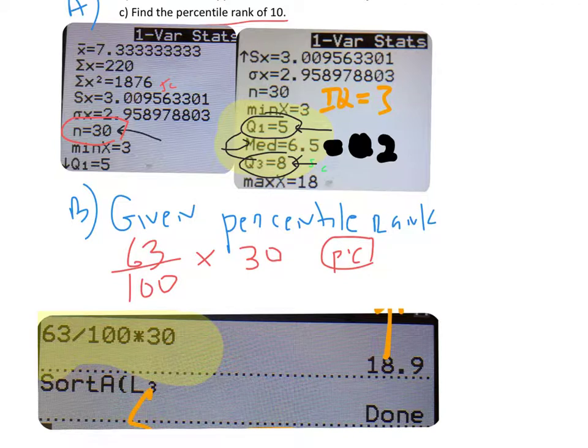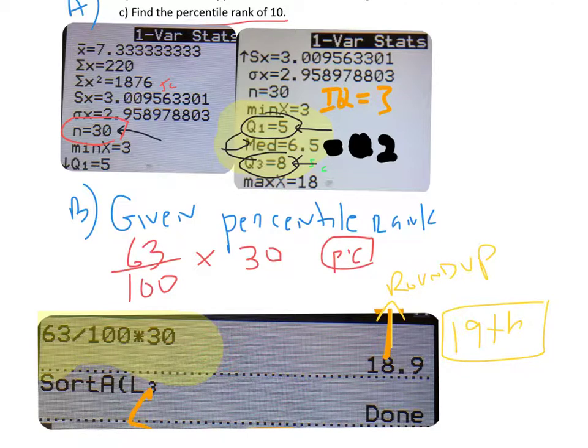So here, 63 divided by 100 times 30 gives you 18.9. What you always do is you always round that up. So in this case, that's going to give you 19. That means the 19th number in the list corresponds to the 63rd percentile.